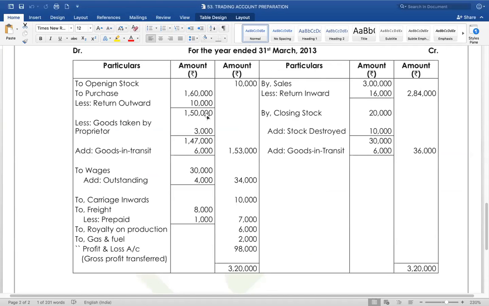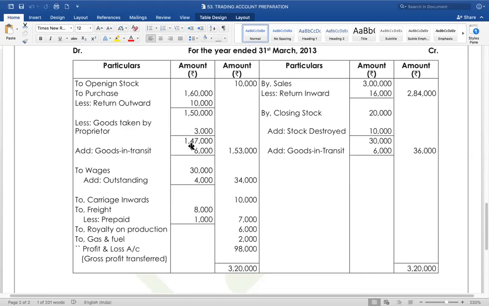Now, out of this 1,50,000, the proprietor has taken out 3,000 worth of goods for his personal use. What is this? Less drawings. You can write here less drawings, or in this problem, goods taken by proprietor. It's drawings, a withdrawal from the business, 3,000. The net is 1,47,000.